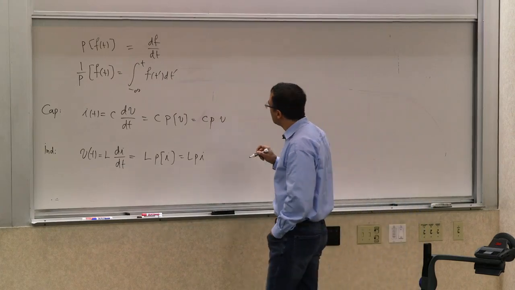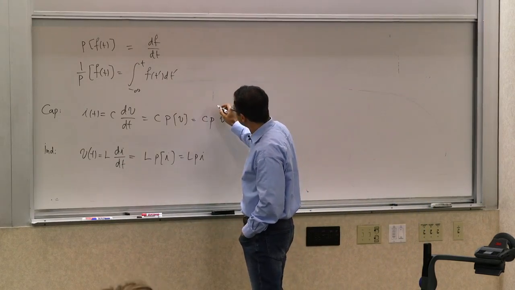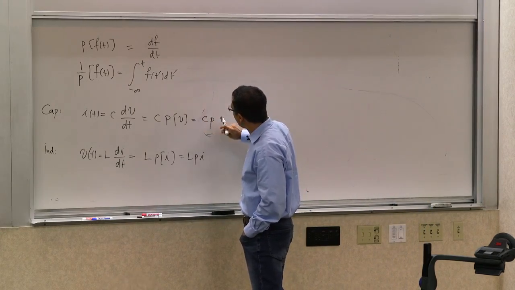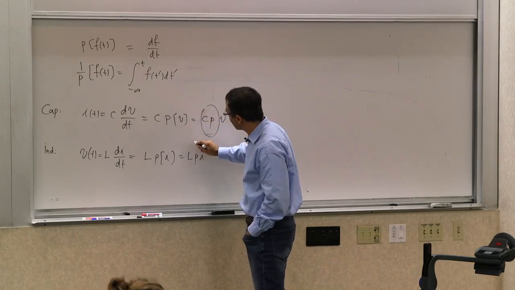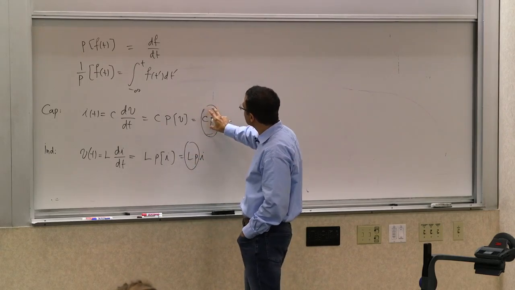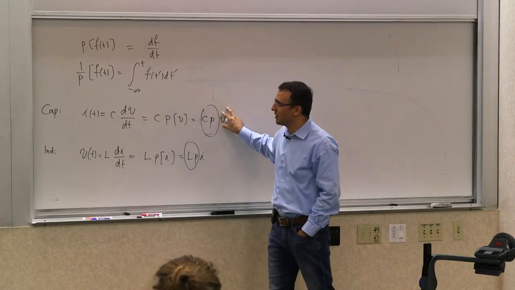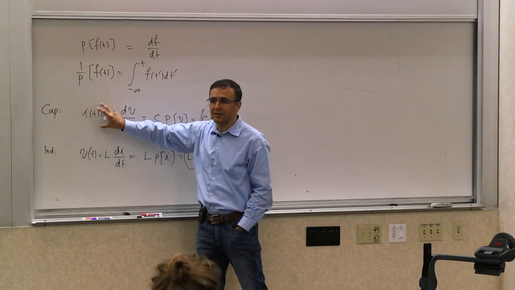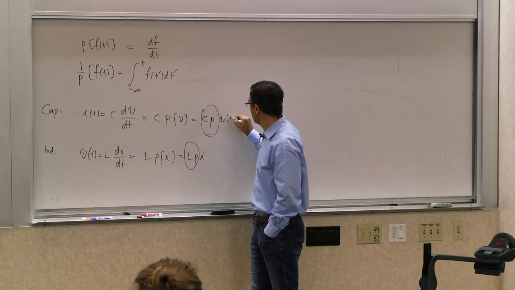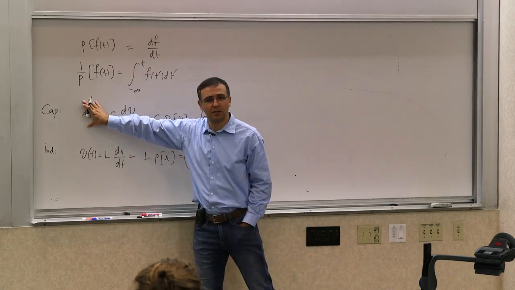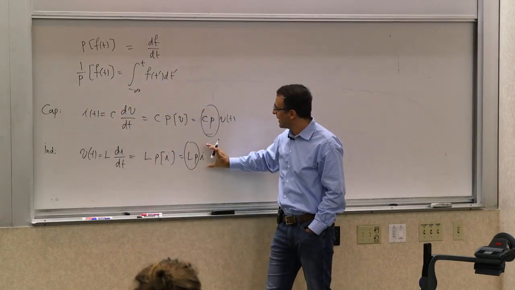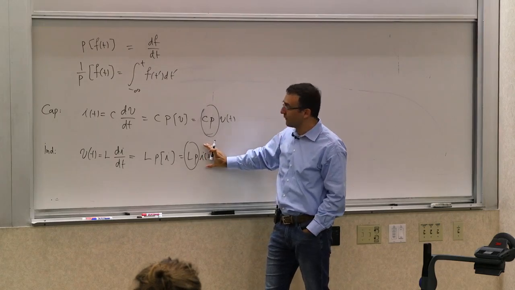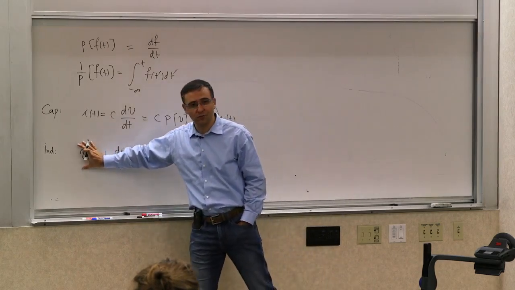Now, you can think about this whole thing as an operator. You can think about this as a scaled operator, the operator that takes a voltage function, V of t, and produces a current. And this is an operator that takes a current function, a function of time, and produces a voltage.